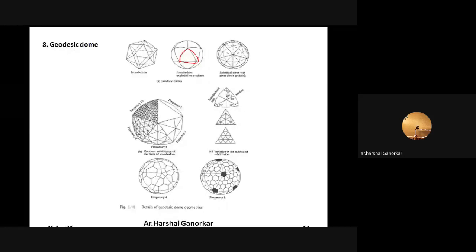So what happens is the pipes are joined like this, so there are joints. If I want to get a curve, I will join the lines like this, so there will be a joint. As soon as you increase the frequency, there will be a smoother curve.